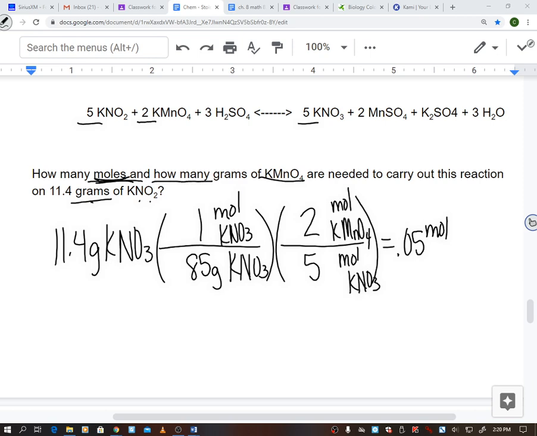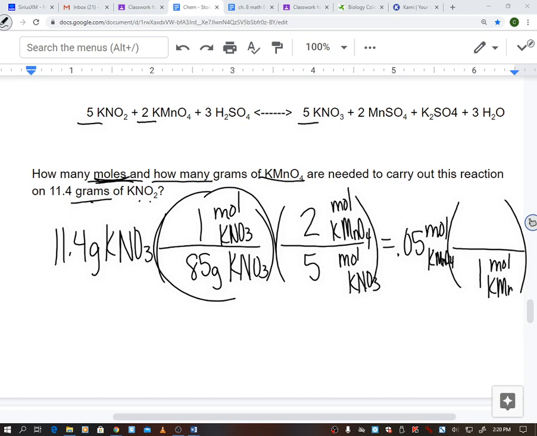So you could go down and rewrite this entire thing, the 11.4. You could rewrite this and this, but I'm not. I'm going to go ahead and just do it one step to get my grams. So I'm going to put 1 mole KMnO4, and now grams. When you add all of those up, that is 158.